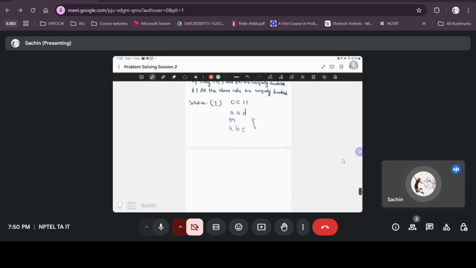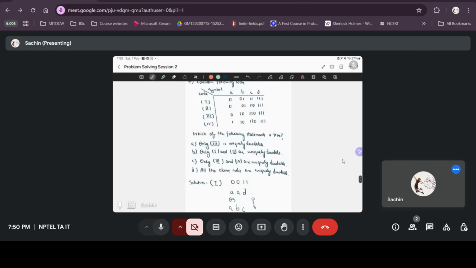This is true for the second code also, where A has 0, B is assigned 01, C has been assigned 110, and D has been assigned 111.